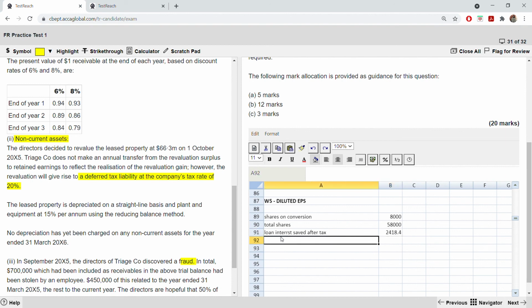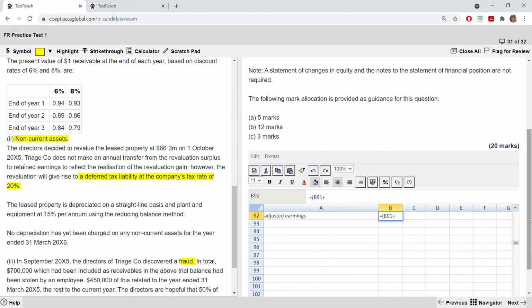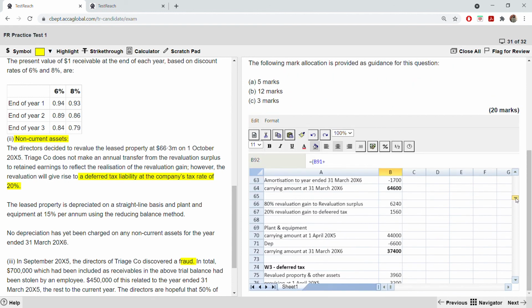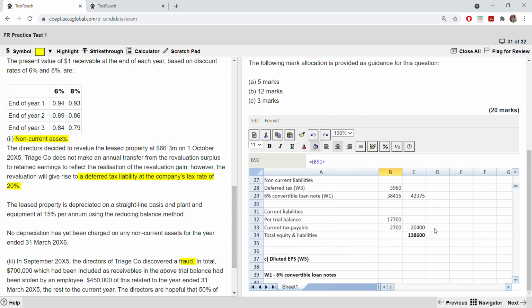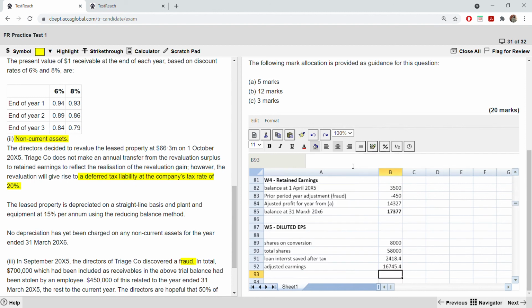You go to your working one. This was your earning. You can take it here and you see it is 16745.4. So this is your adjusted earnings.